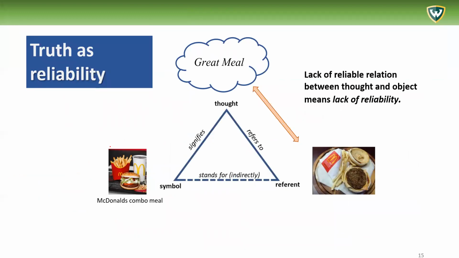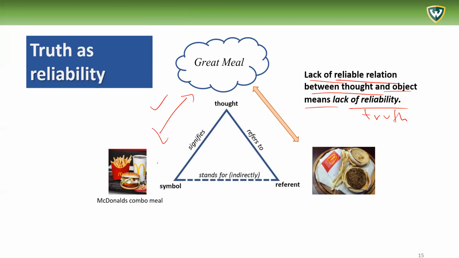So here, just to highlight the definition, we can have reliability here. So this is reliable maybe, but this here is not reliable. So the definition of untruthfulness or lack of validity, maybe better said as lack of a reliable relation between a thought and an object, means lack of reliability, or lack of truthfulness, or lack of validity, right?